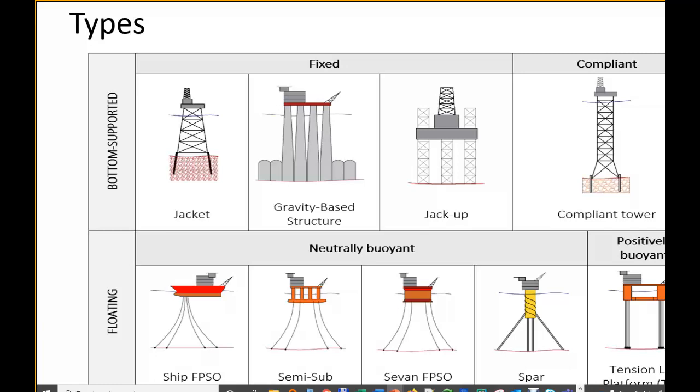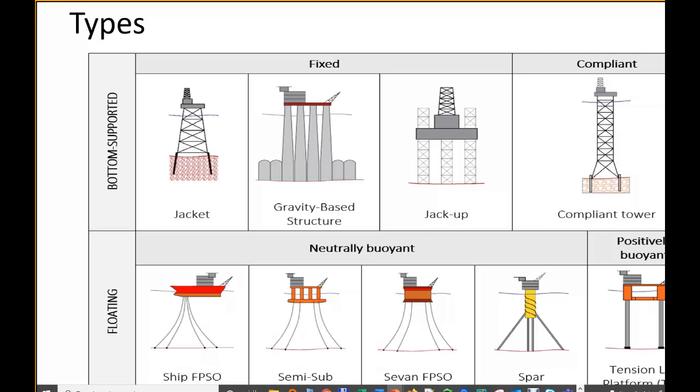Then you have another type, which is GBS, or gravity-based structure. They are typically concrete structures, and they are made such that their own weight keeps them in place. They might have some steel skirts that bite into the formation, into the soil, and that helps to keep them more stable.